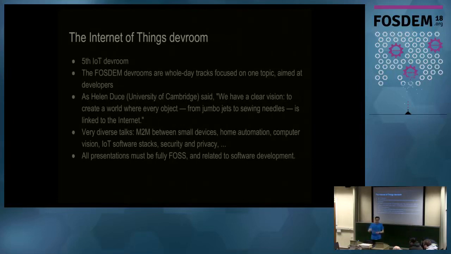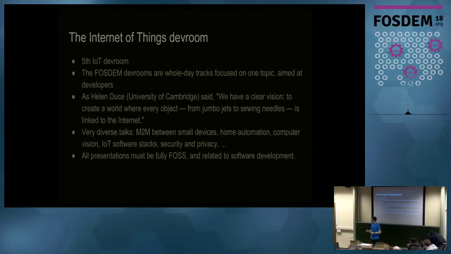More and more devices are getting connected, and this results in a DevRoom with very diverse talks, which is nice. We're going to talk about machine-to-machine communication between small devices, home automation, computer vision on small devices. Of course, a lot of IoT software stacks. How do you get things done on these devices?